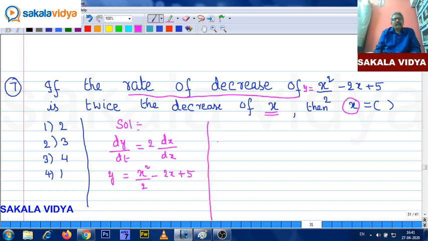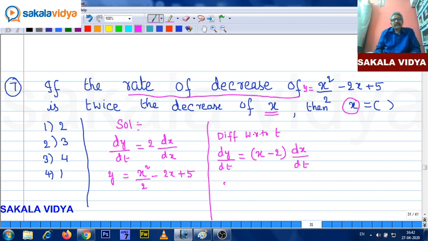Differentiate with respect to time t. So dy by dt is equal to, this time I write directly, x square differentiation is 2x by 2, x minus 2 with respect to dx by dt.